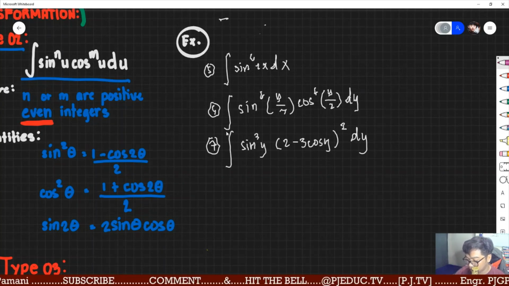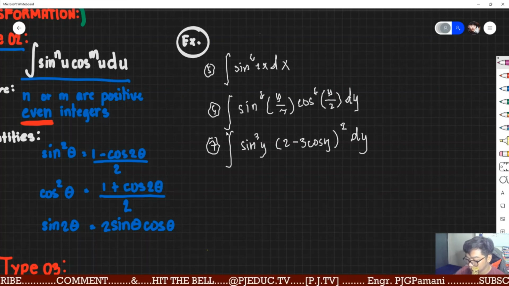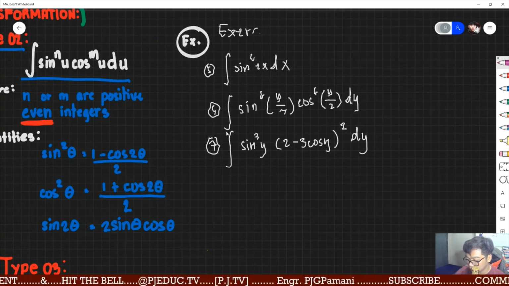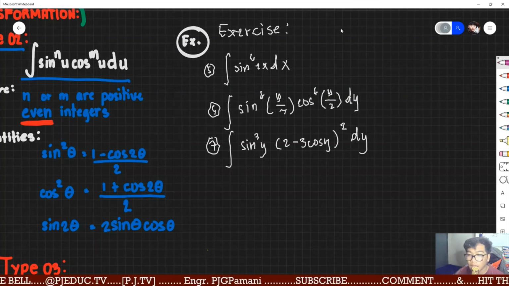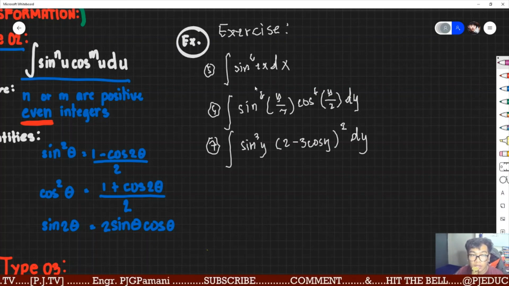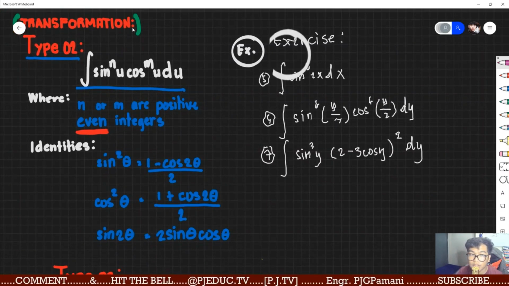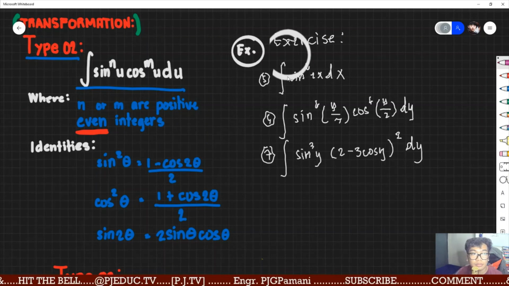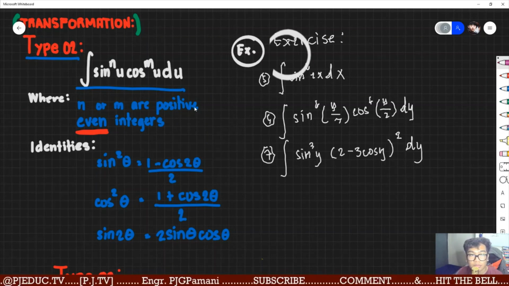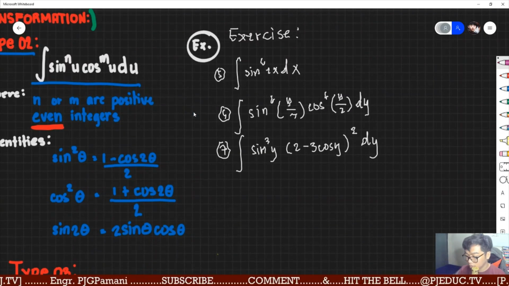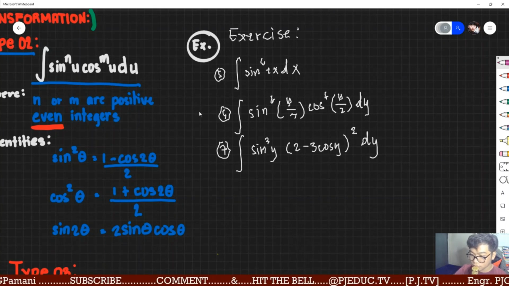Exercise. Hindi yan assignment ha. Practice nyo lang. Exercise and try to solve these three problems from what we have learned from type 2 transformation. Okay? Now, isa pa pala.